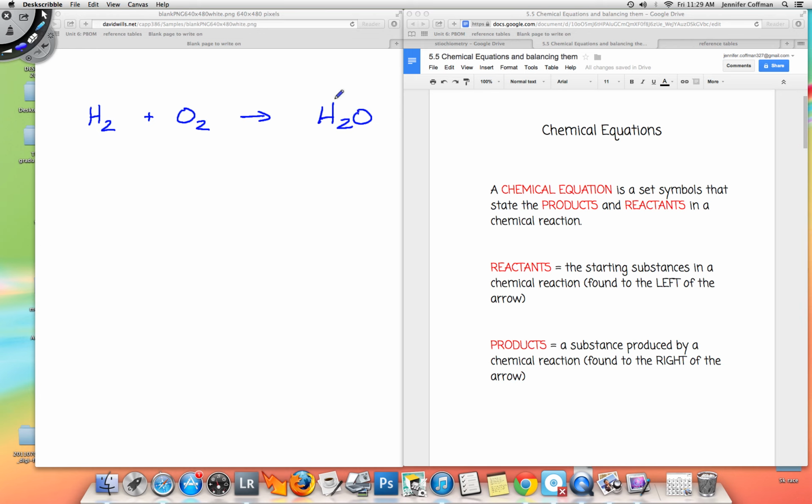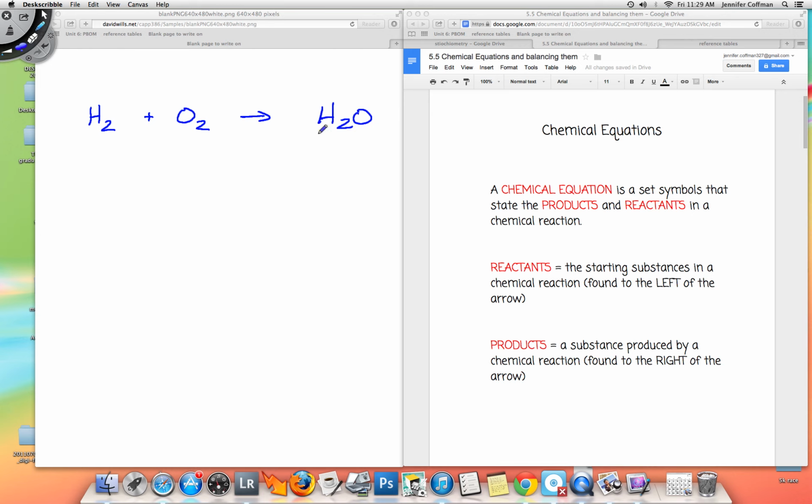And hydrogen was a +1, and I crossed it down. If the element is by itself and it's a diatomic, you will put a subscript of 2. If the element is in a compound, it gets its subscript from its partner's oxidation number. Keep that in mind. That's just a little bit of review right there.